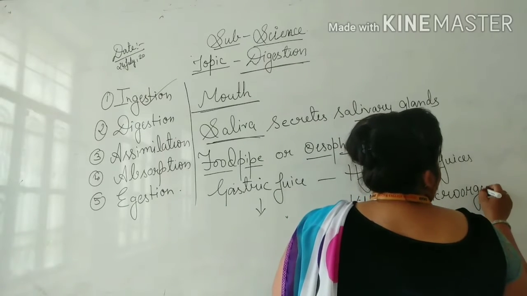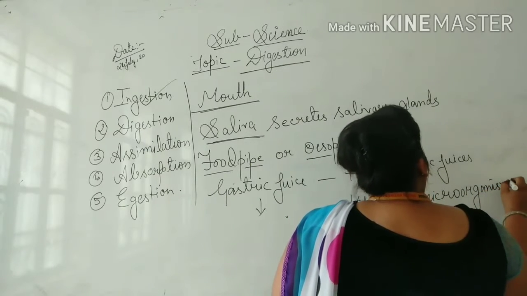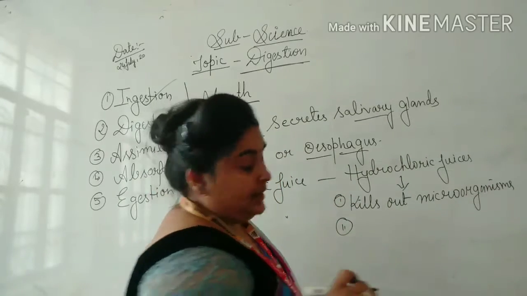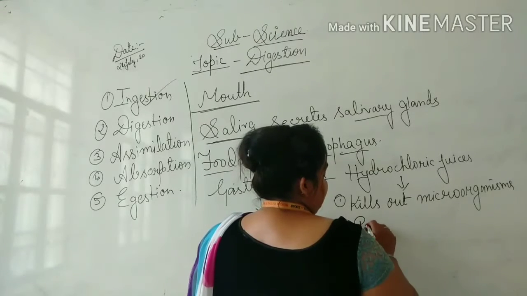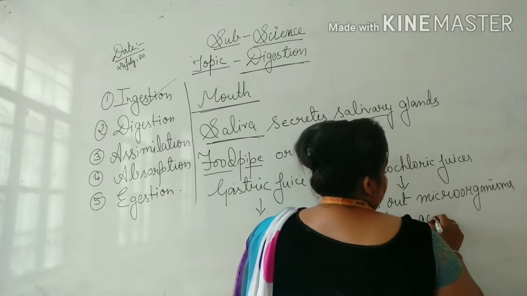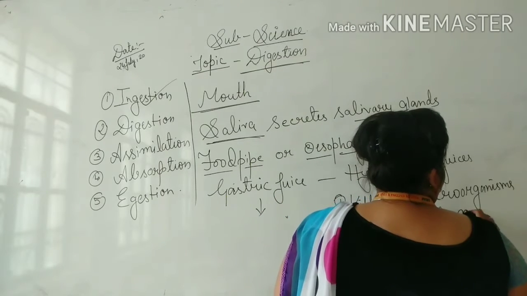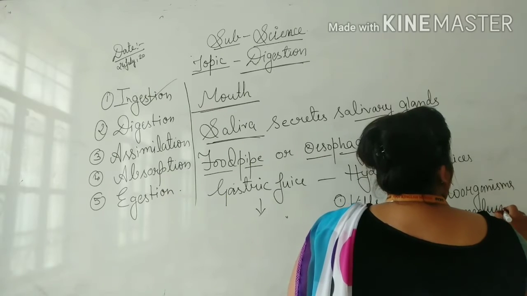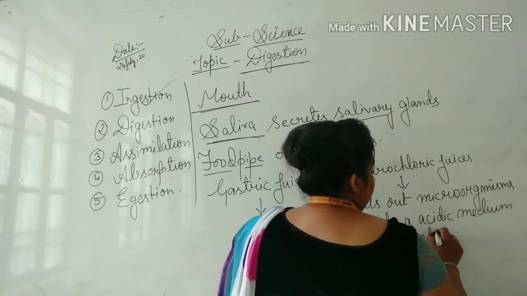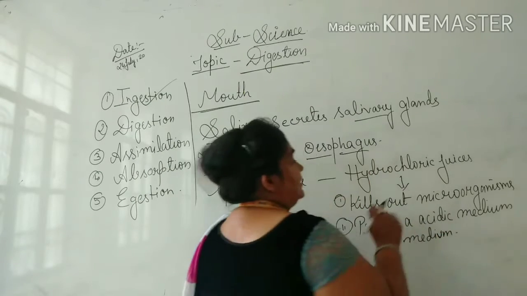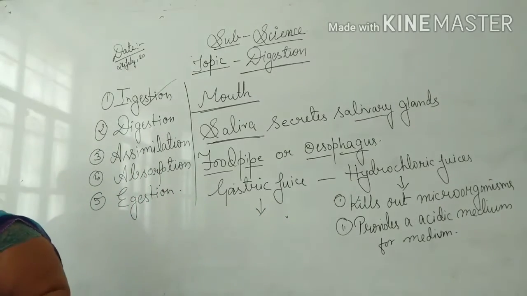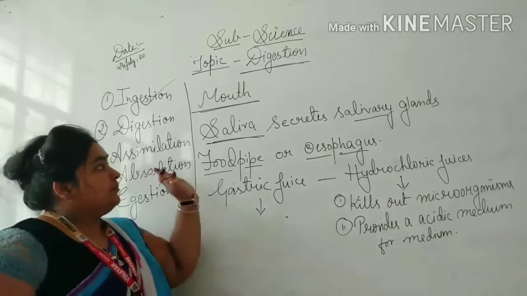Second, it provides an acidic medium for digestion. Clear? These are the two functions of the juices secreted by the stomach during the digestion process.